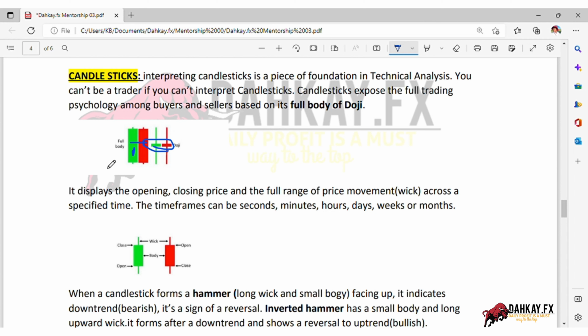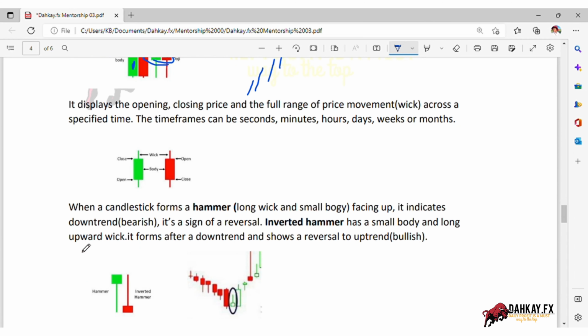So if you go for 5 minutes, that means a candlestick will form for 5 minutes, and after 5 minutes another candlestick will form. So if you go for the 5 minutes time frame, every 5 minutes you will see a candlestick forming. So let's see what that means.